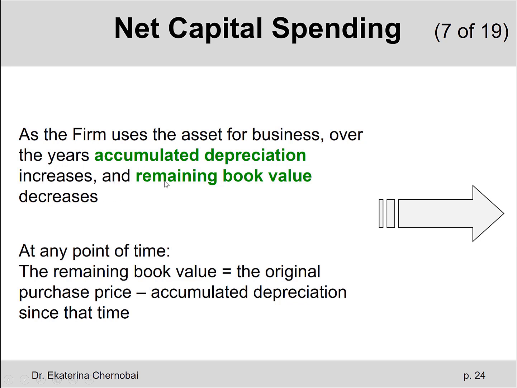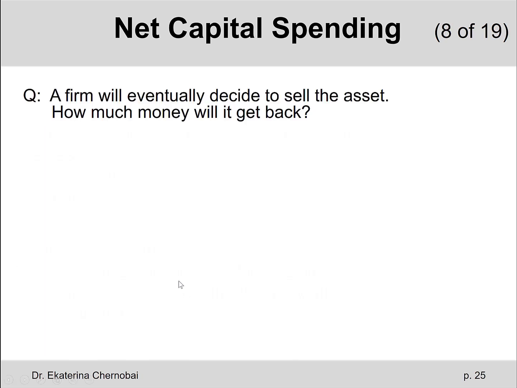And because of that, the remaining book value decreases. And we can say that at any point of time, we can calculate how much the asset is still worth, or the remaining book value. And that equals the original purchase price, which by default is the initial book value, minus the accumulated depreciation since the time the asset was purchased.